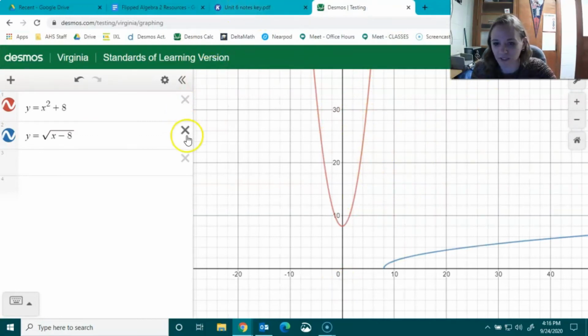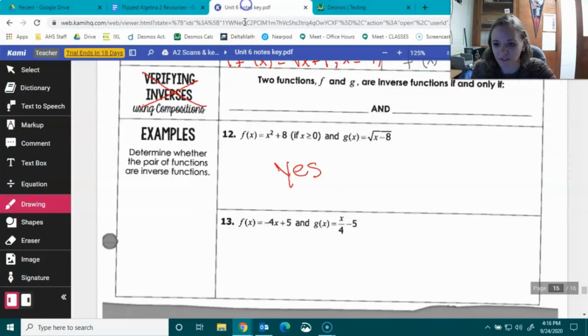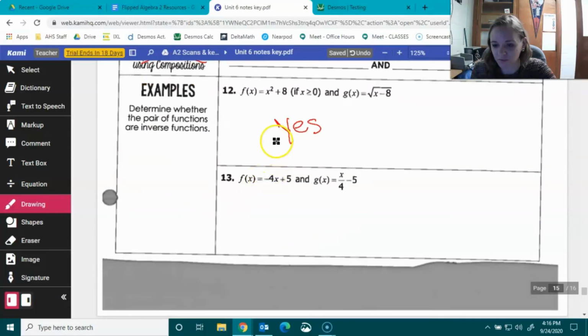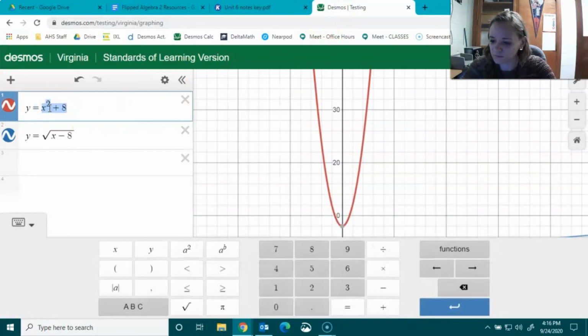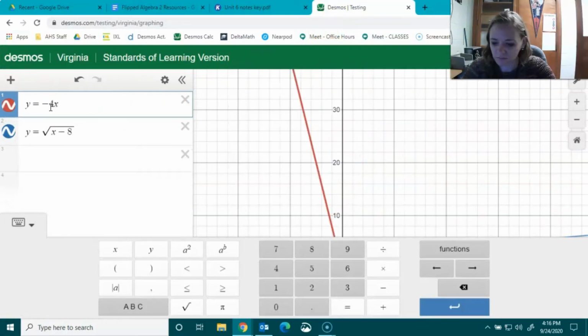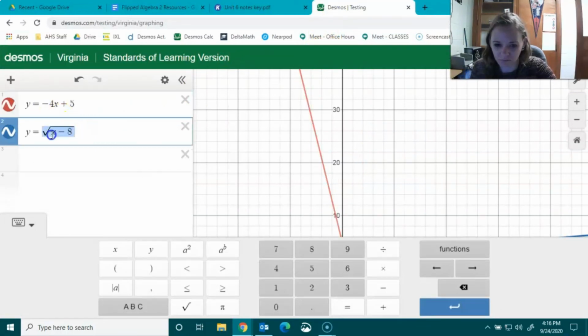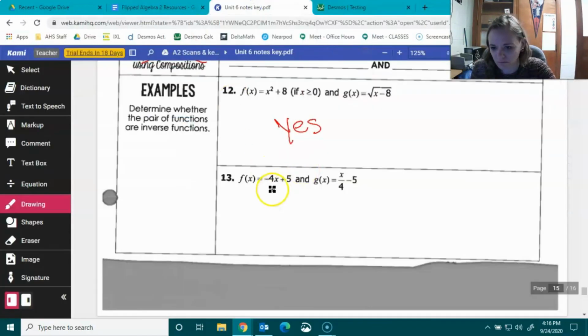Now, the second example is an example of one that is not going to be an inverse function. So let's type these in and see what we get. Negative 4x plus 5, and x divided by 4 minus 5.